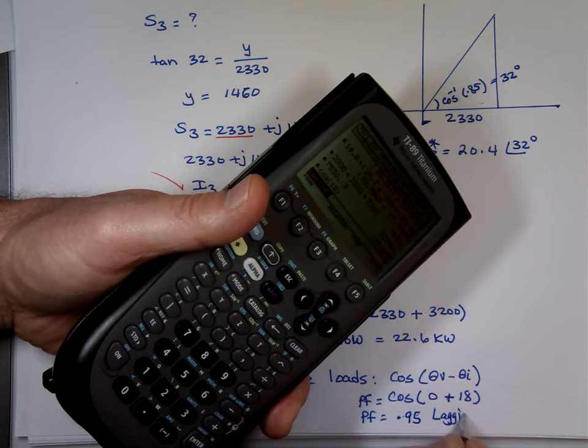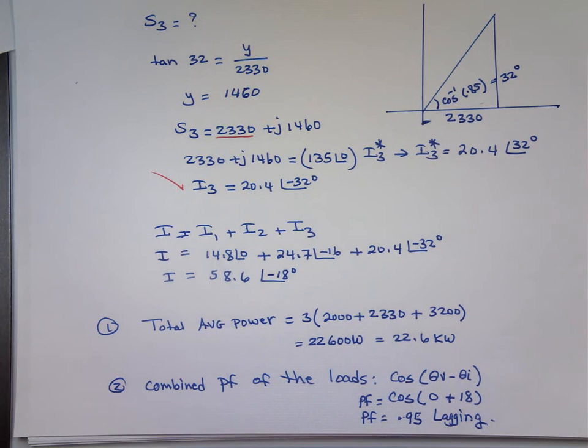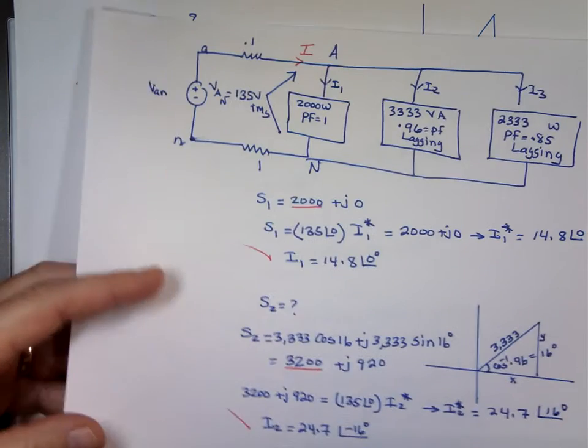Was that a correct answer there? 0.954 lagging, yes. Another question: how much power is lost in the lines? Well, let's look at the lines. Let me go back to the first picture I drew.